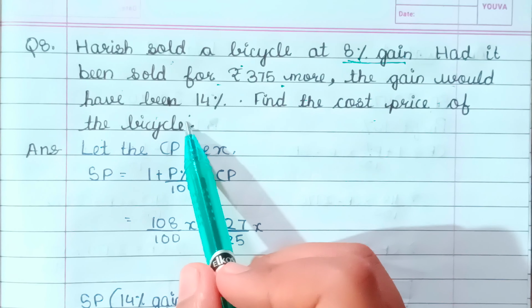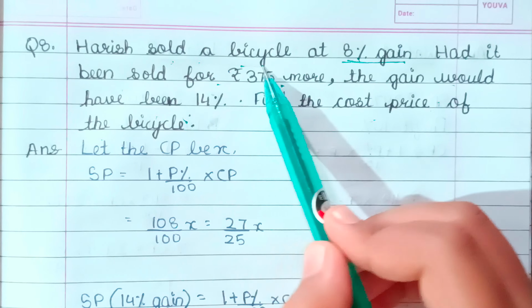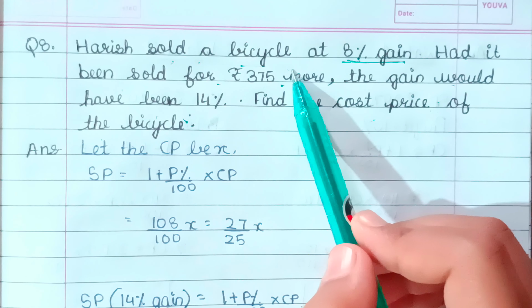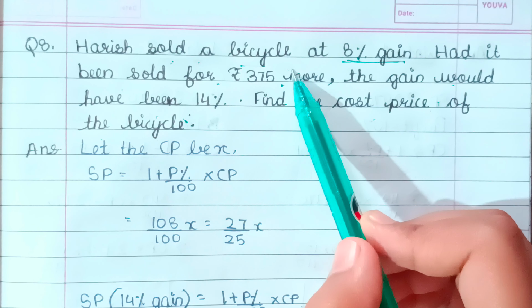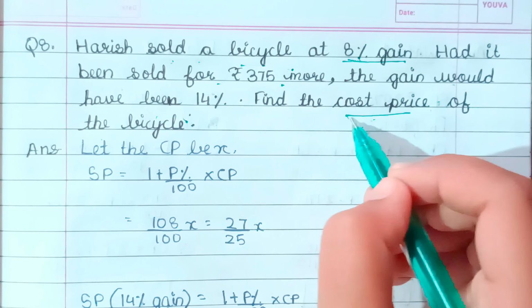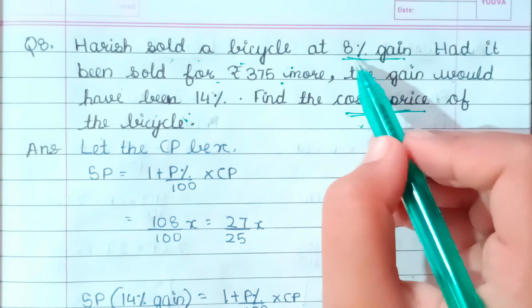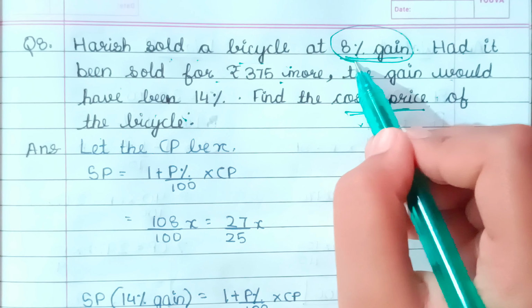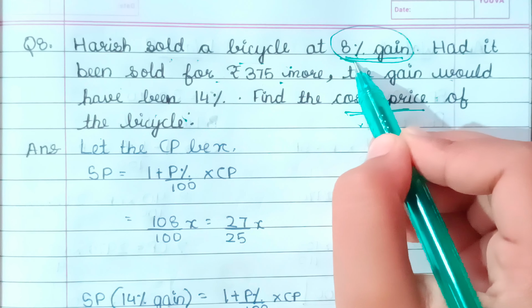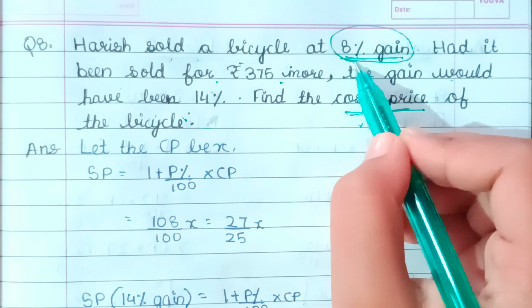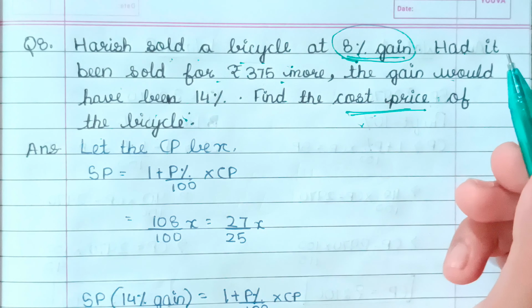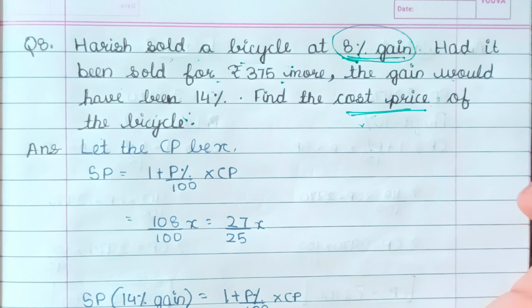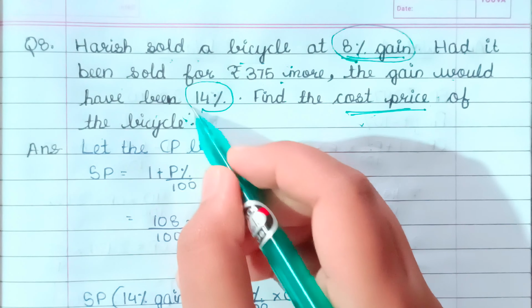So it has told that the selling price of the bicycle has not been given, nor the cost price has been given, and it is told to find the cost price of the bicycle. So the bicycle is sold at 8% gain, means the profit is 8%, and if Harish had sold it for rupees 375 more, then the profit would be 14%, as it is given in the question.